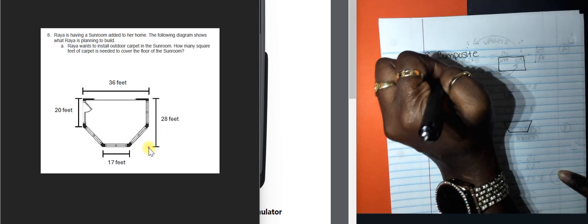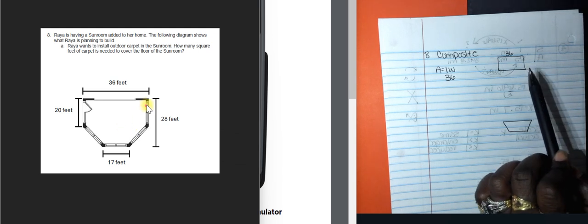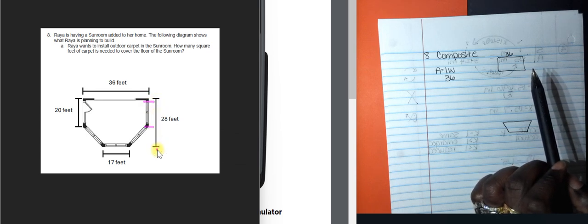So we know that the area of a rectangle is length times width. And what is our length? What is our width? If we're looking here, going from here to here, we notice that it's 36. So our length is 36. And then going from here to here, which in this drawing is not correct because this is 28 going all the way to this side.